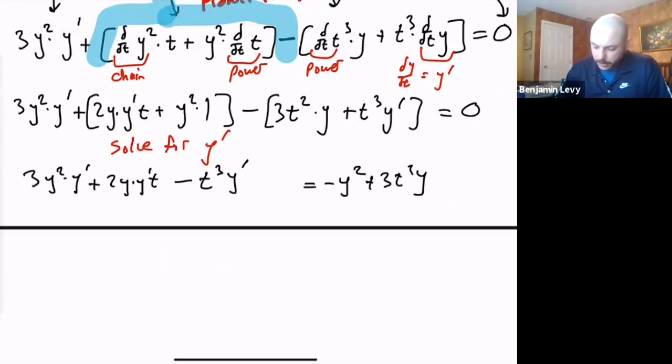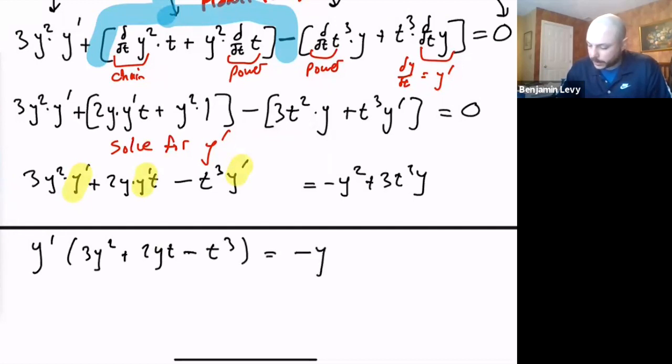Feel okay about that? Because now I see there's a y prime, y prime, y prime. So I can factor that out. And then we'll just move it over to the other side to get y prime by itself. Right?